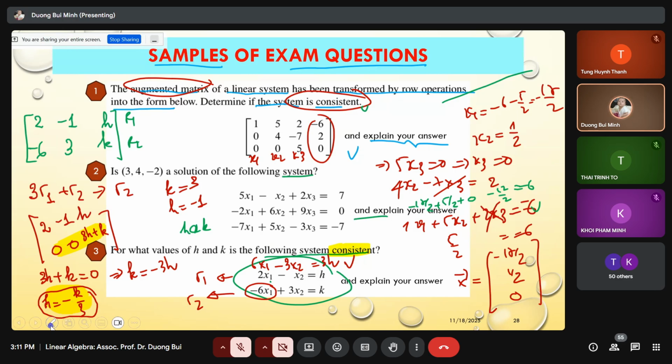Now you can check: if k equals 3, then x is minus 1.